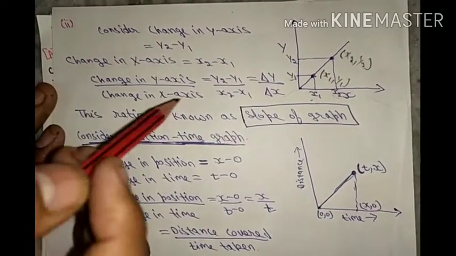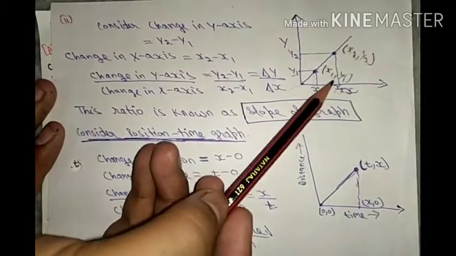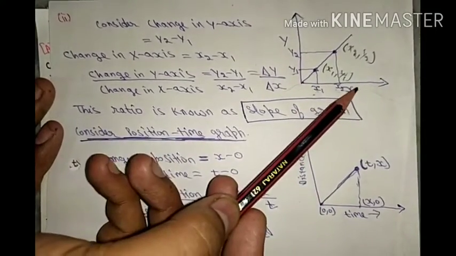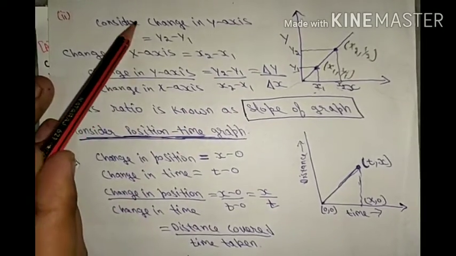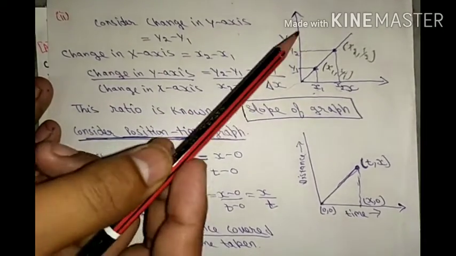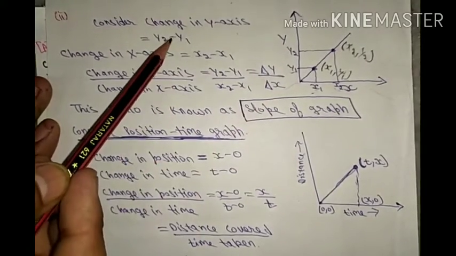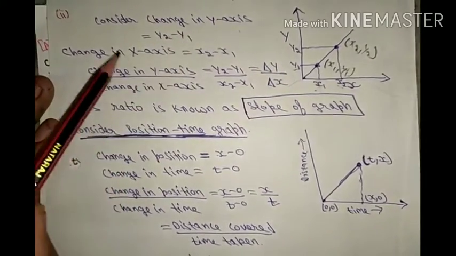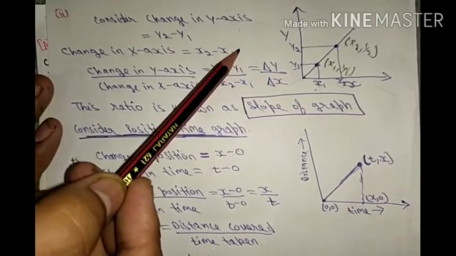So we can see that y1 changes to y2 and x1 changes to x2. So we can write the change in y-axis, that is y2 minus y1. And what is the change in x-axis? That is x2 minus x1.